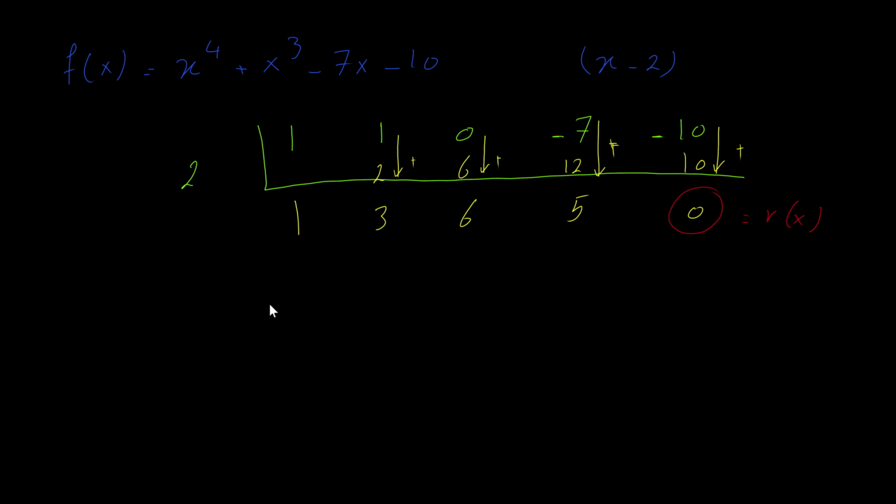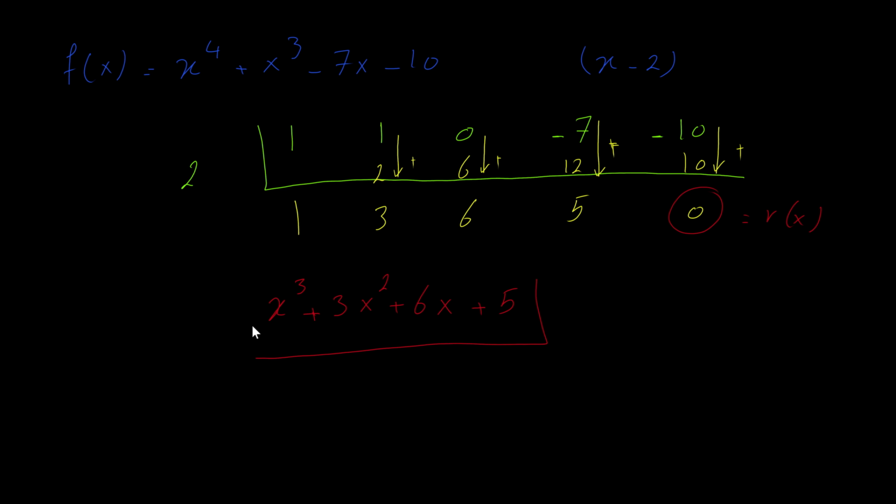So if I want to write it, what's it going to be? This is degree 4, so I'm going to have 1 degree less, which is x to the third. My coefficient is 1. The next one is 3. I go 1 by 1 down. So x to the second here, plus 6x plus 5.